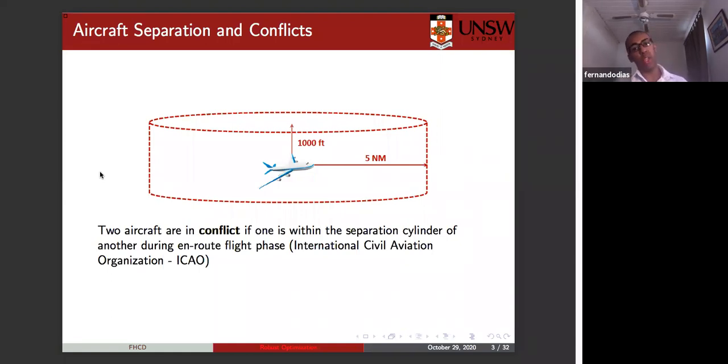So if you have two aircraft, and you put those aircraft in the center of a cylinder, each cylinder would have 2,000 feet of height and 5 nautical miles of radius. If those two cylinders are sharing any space, they will start to be in conflict.